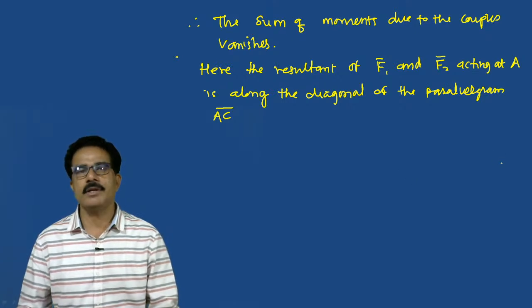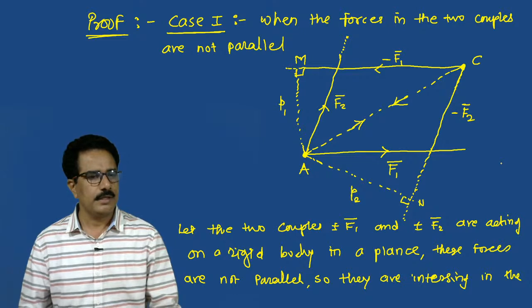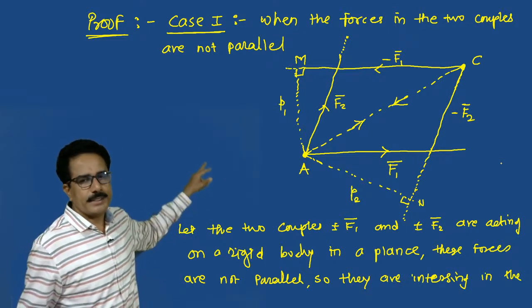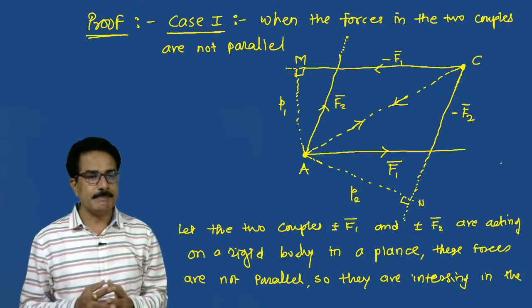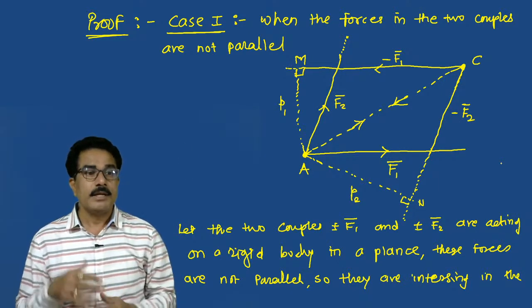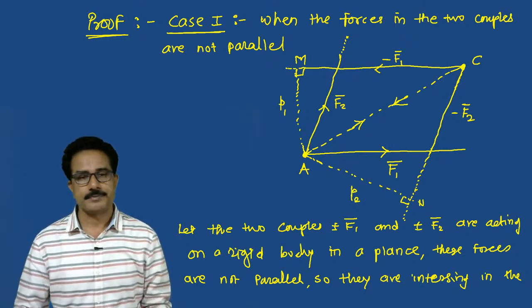यहाँ पे जो diagonal है AC bar के आधार पे, देखो F1 bar and F2 bar is along the diagonal of a parallelogram AC. Now we can take the resultant of minus F1 bar and minus F2 bar here.